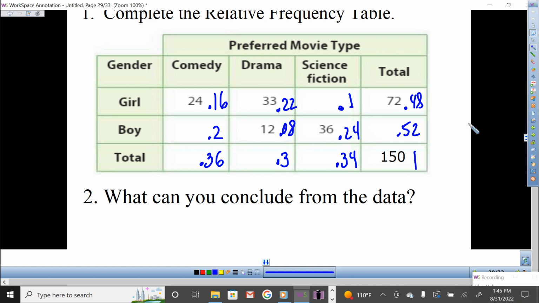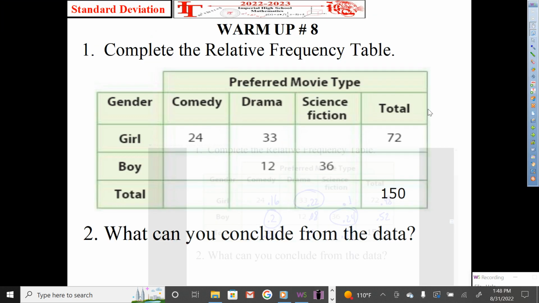Girls prefer drama more than boys. Okay. Anything else? JC? Boys prefer comedy over girls. Okay, I see that. And anything else? Pedro? There you go. Okay, those are good observations.